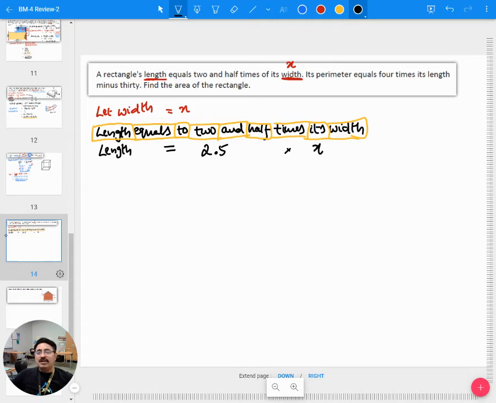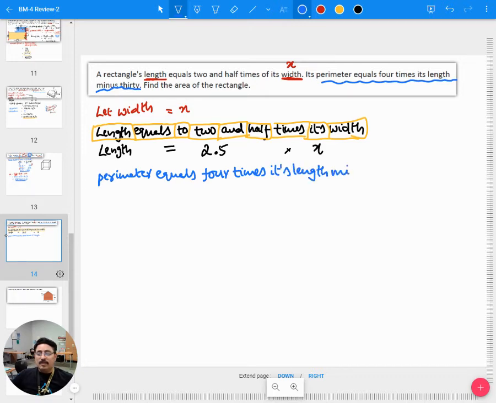The next statement is its perimeter equals 4 times length minus 30. So let me write that. Perimeter equals 4 times its length, minus 30.